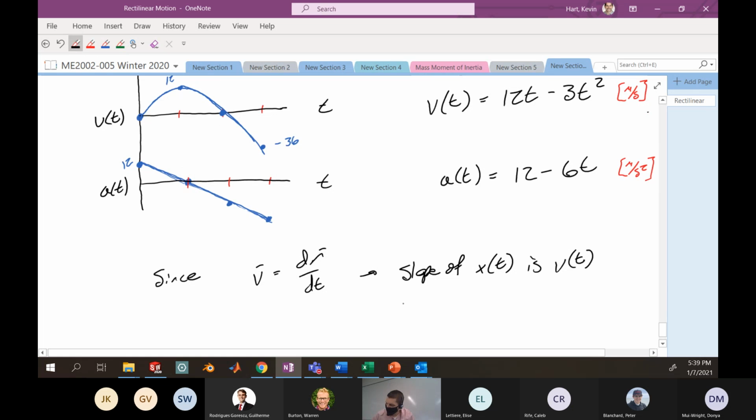Similarly, the area under VT is XT. This is your derivative, antiderivative idea.